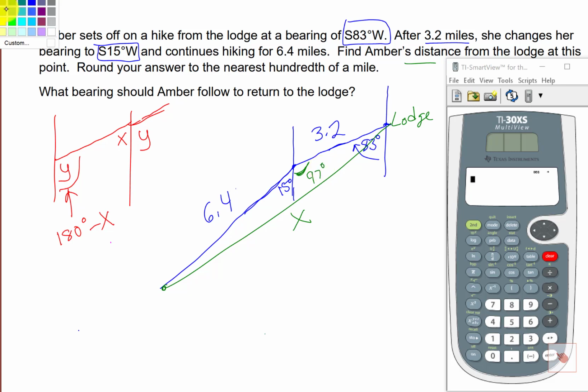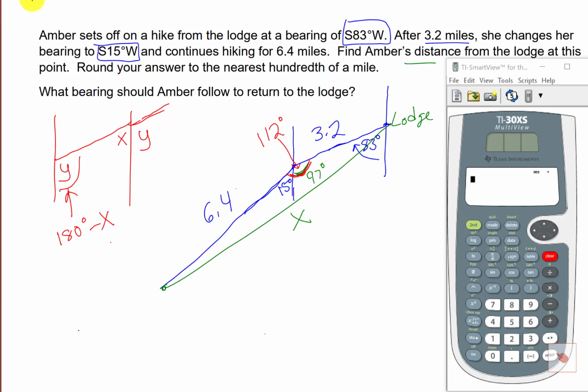Well then, the angle in the triangle is just going to be the sum. This whole angle is going to be 97 plus 15. I'm going to put it here since I kind of had room. That's going to be 112 when I add those two together. Well, now I'm ready to use the law of cosines. I've got side, angle, side.